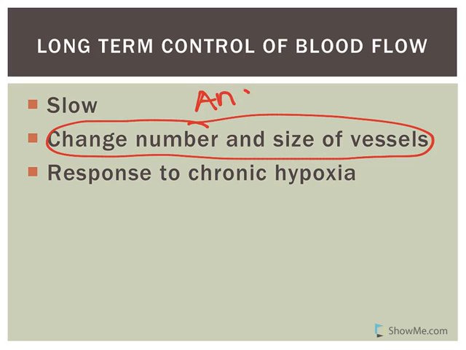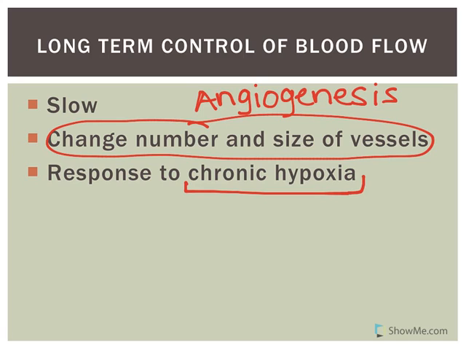We can produce more blood vessels via a process called angiogenesis. So that's the production of new blood vessels. Now that takes some time, and it's actually much quicker in the young than in older people. And it's also going to be very rapid in things like tumors, but the angiogenesis is actually a response to chronic hypoxia.